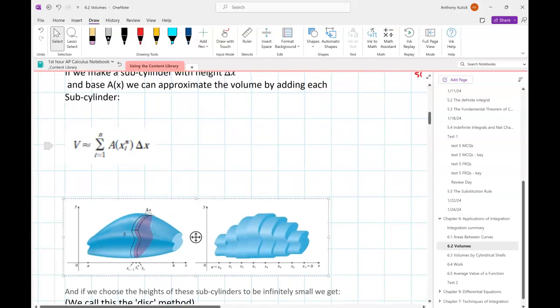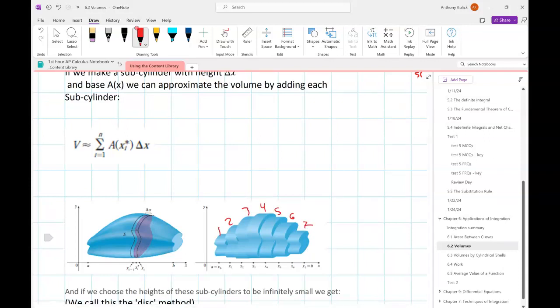Here's a visual where I took 1, 2, 3, 4, 5, 6, 7 slices to approximate the volume of that weird shape before. We can see that's not going to be quite right, but if we get thinner and thinner slices and more and more and more, each of those slices is going to be a little bit better of an approximation.